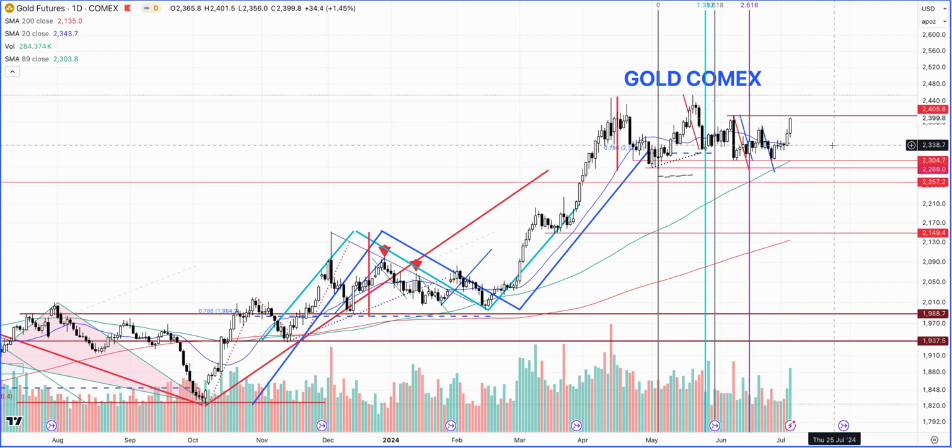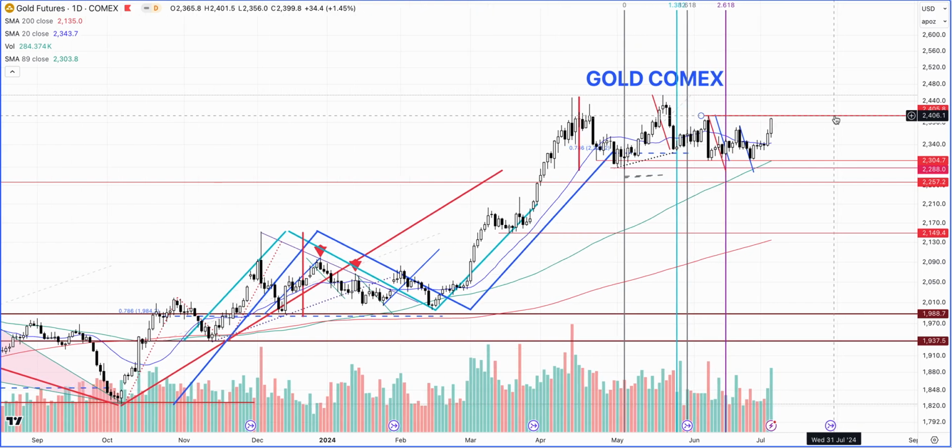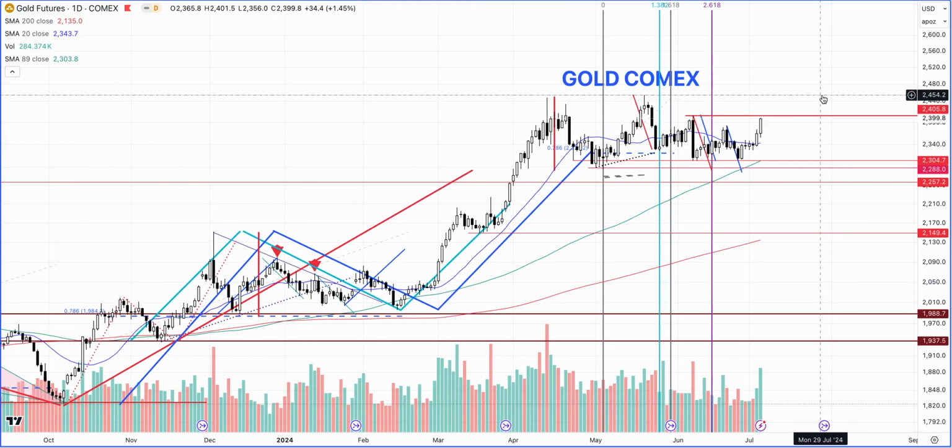If it is able to get above this 2400 level, then of course, in my opinion, it's going to challenge these highs of 2450 and make new highs as well. Longer term, we have 2500 and then ultimately also 2700 as our target to the upside for gold.